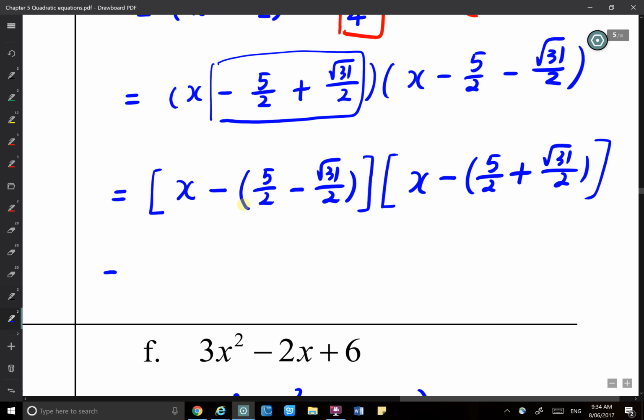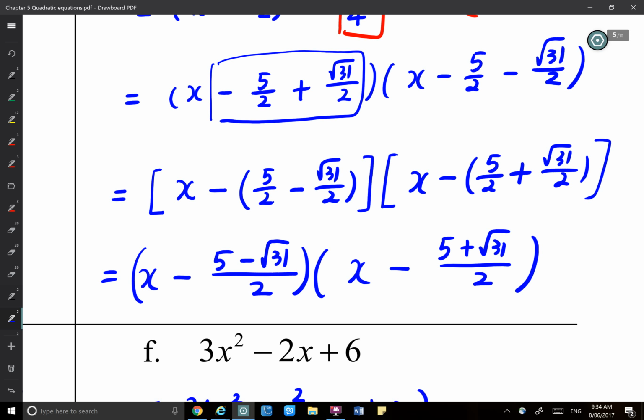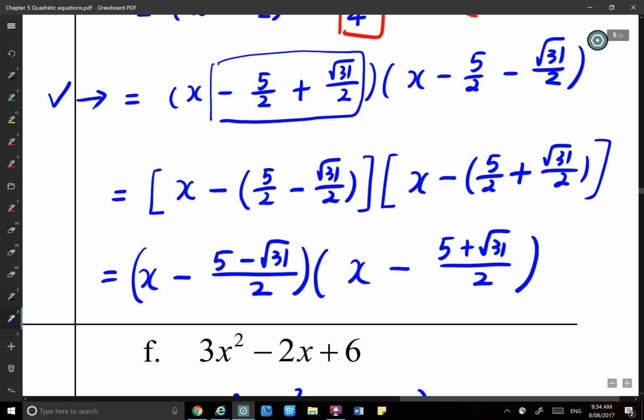So when you write them in the same fraction, that's a 5 minus root 31 over 2, and the next one will be x minus 5 plus root 31 over 2. Okay, remember to change the sign if you want to put them on the same fraction. But the answer here is already correct, and that will be correct as well.